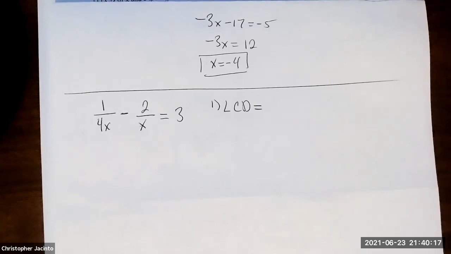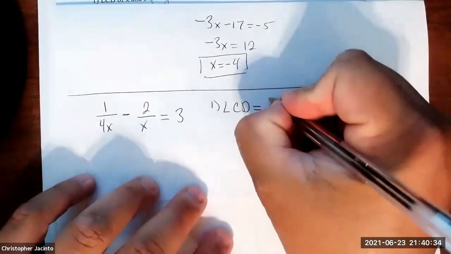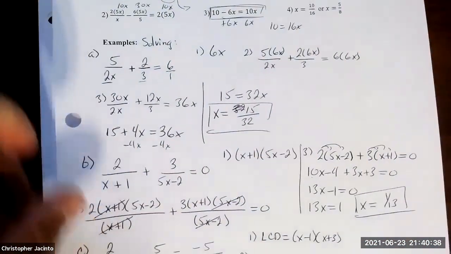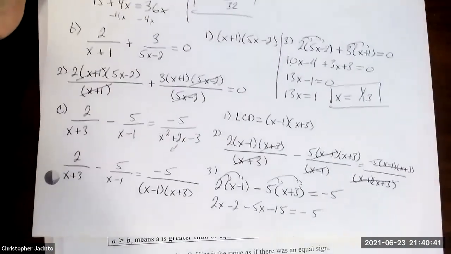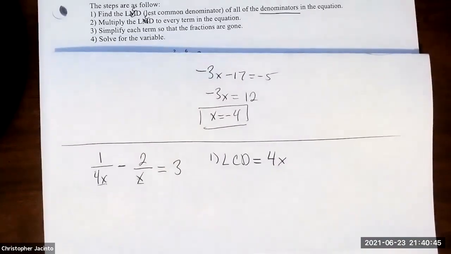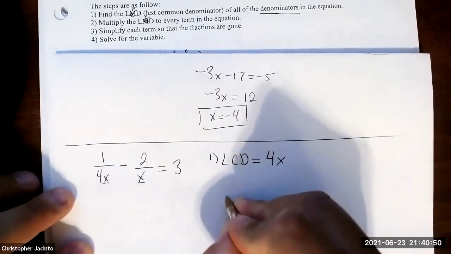I'll give you a hint. It's a trick one, just like it was last time. Looks like Jonathan got it. Yep, it is just 4x because they already have an x in common. Just like this one, they already had everything in common. So it's just a combination of them. So be careful about that. It's just 4x.